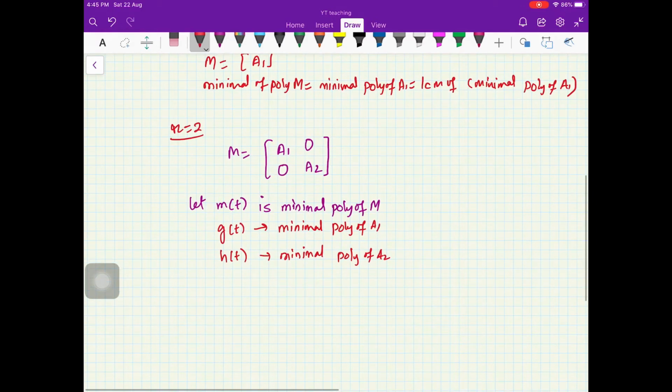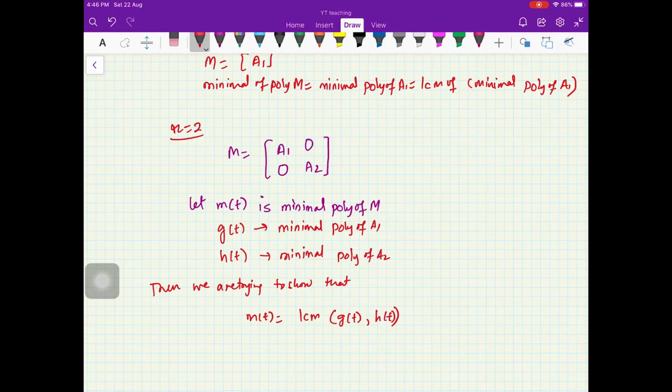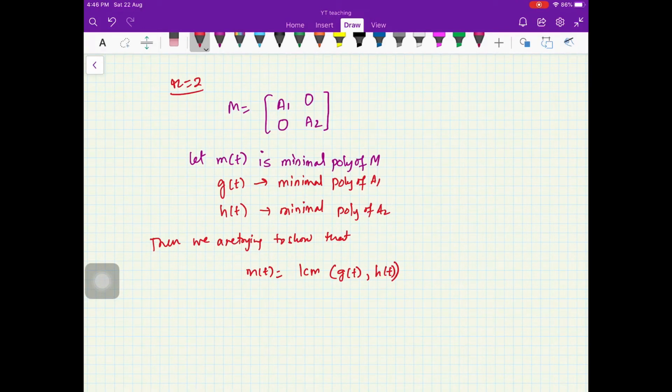Then we are trying to show that m(t) is the LCM of g(t) and h(t). This is what you are trying to show. So let us prove that m(t) is the LCM of g(t) and h(t).